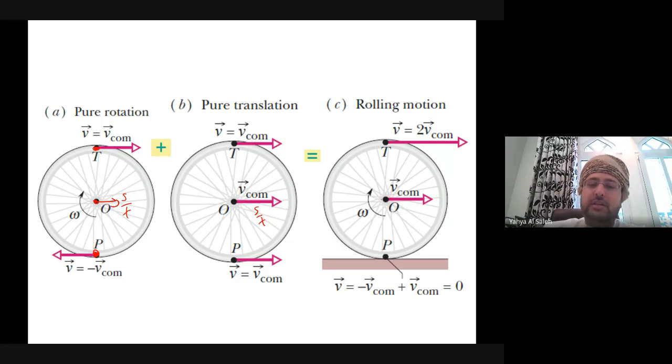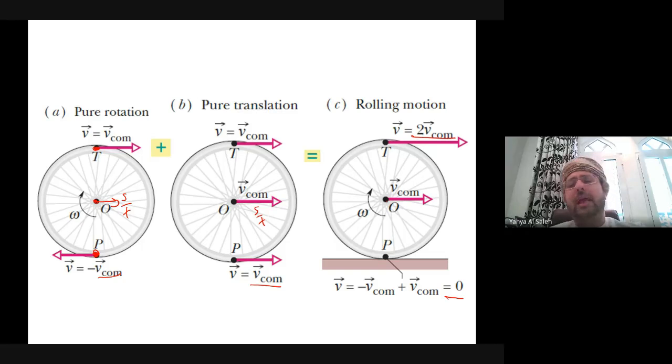My center is still VCOM. At the bottom, minus VCOM plus VCOM end up with a velocity of 0. And at the top, VCOM plus VCOM is equal to 2 VCOM.